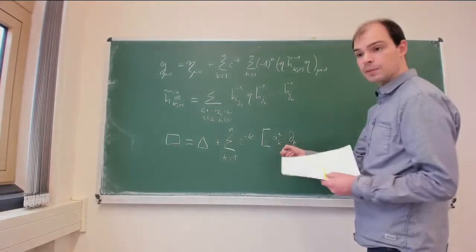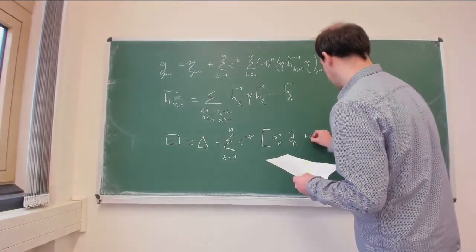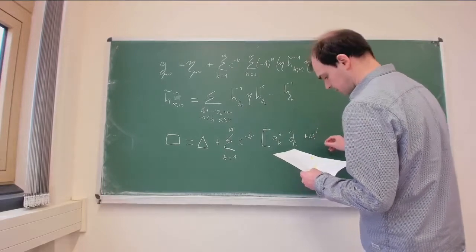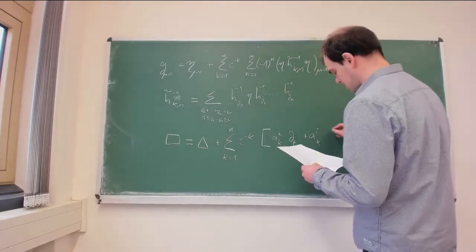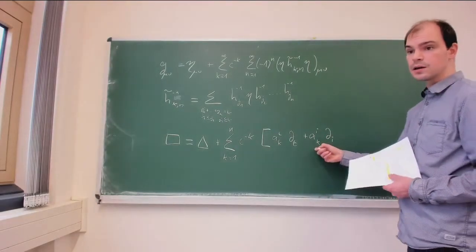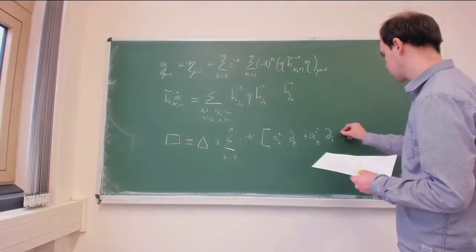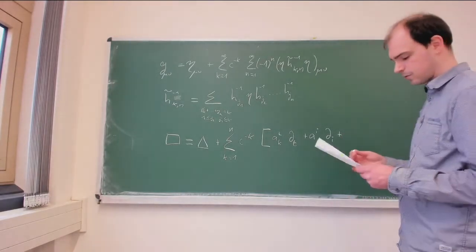We have coefficients A for the first order derivative. Then we have A^k_i d_i, so we have the first order spatial derivatives. And then we have the second order derivatives, and I call those coefficients b.